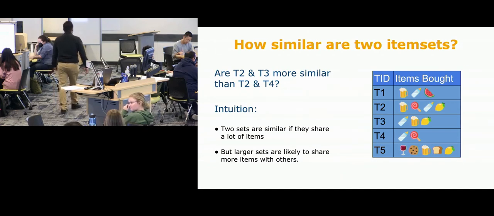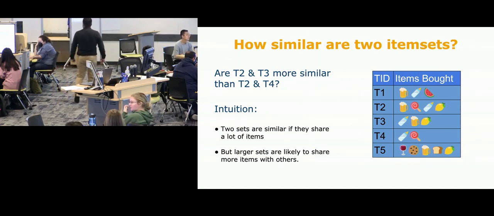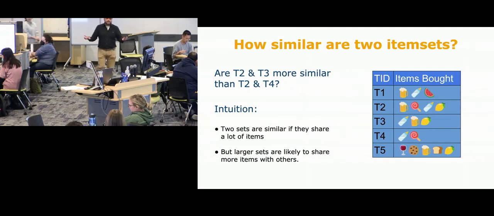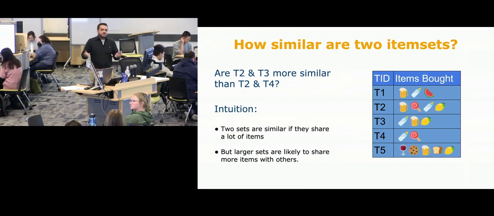What's the intuition here? Two sets are similar if they share a lot of items. However, we also know that the larger the set, the higher the sheer probability that it will share common items with other sets. So we want to look at sets that share similar items, but we also want to discount or control for the fact that larger sets are more likely to share more items with others.